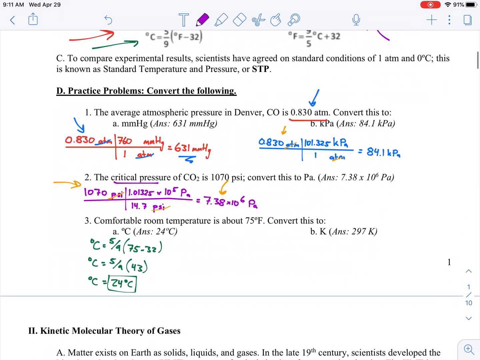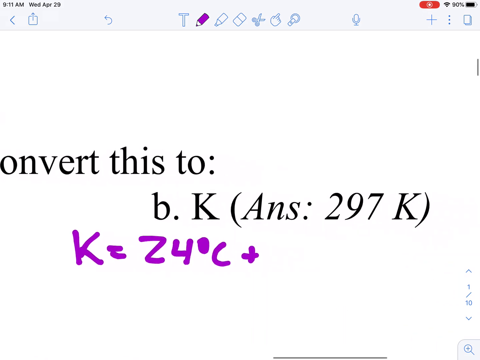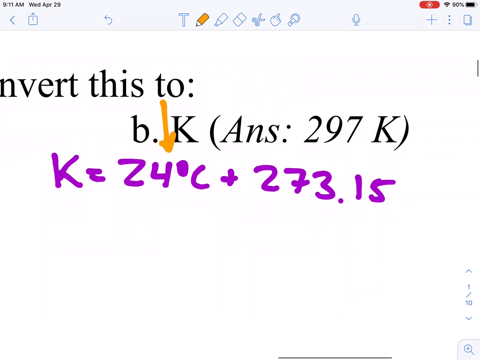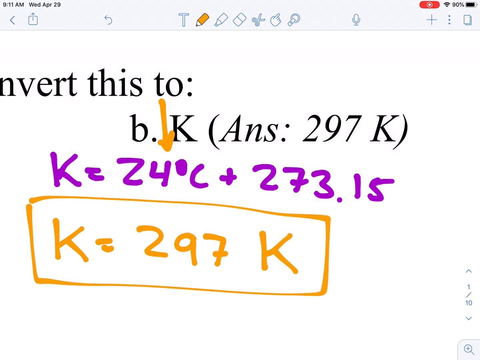So if we're trying to convert our 24 degrees Celsius to Kelvin, really we want our Kelvin temperature to be 24 degrees Celsius plus 273.15. But our measurement is only precise to the ones place, so our answer can't be more precise. Therefore, our answer simply becomes 297, ending in the ones place. You'll notice that we don't say degrees Kelvin, we just say Kelvin. So the temperature here is 297 Kelvin.